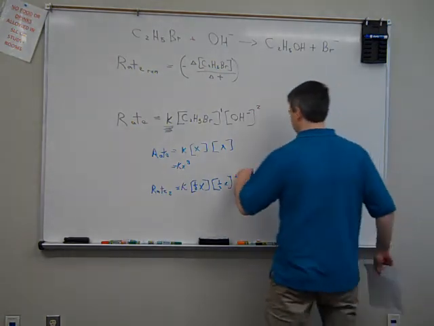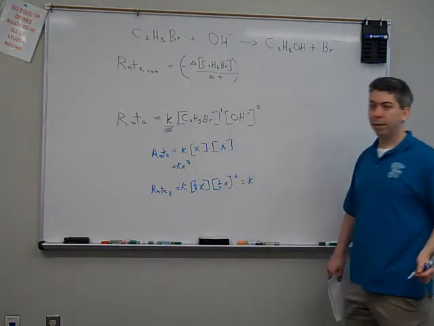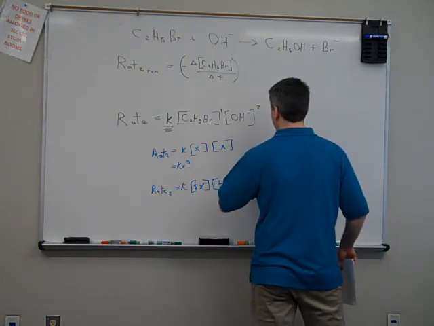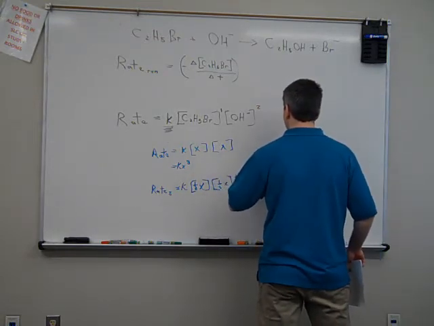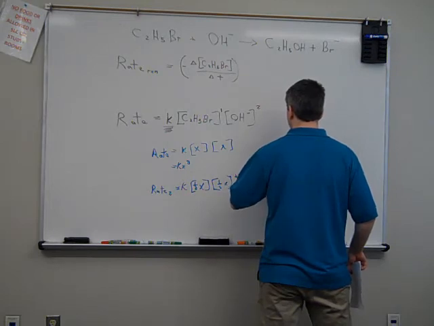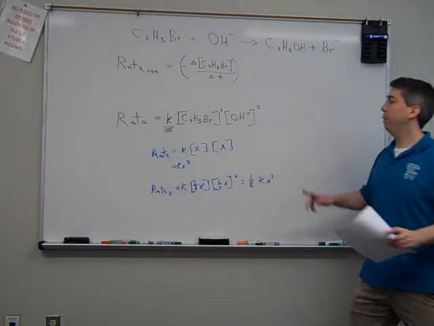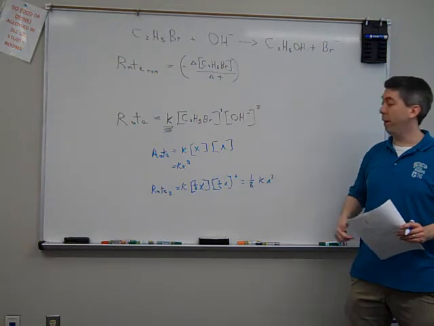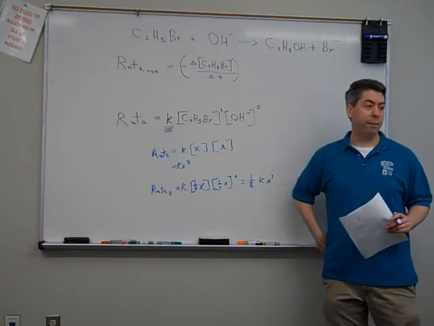What's that going to give me? 1 over 8. So this is going to be 1 over 8 kx cubed. So if I doubled the volume here, if I added an equal volume of ethyl alcohol, what would happen to the rate?